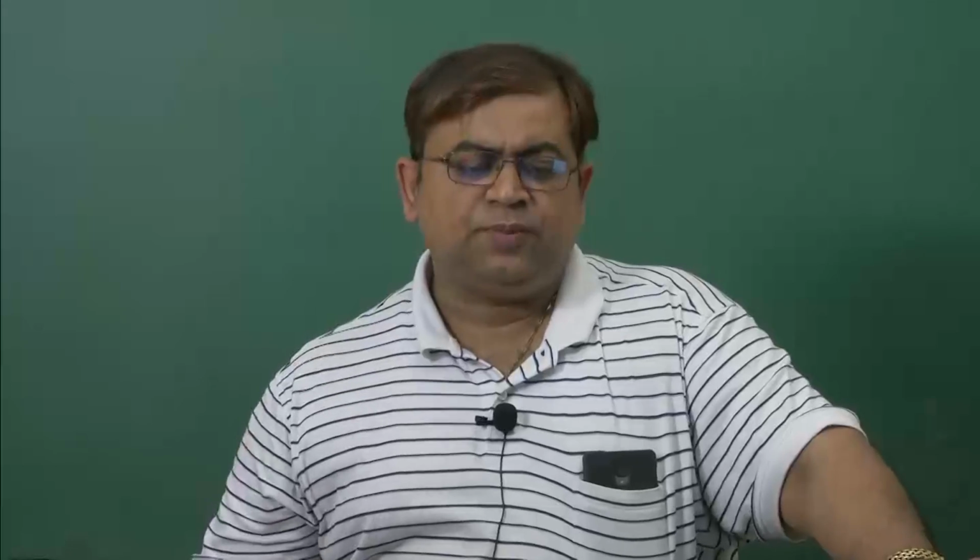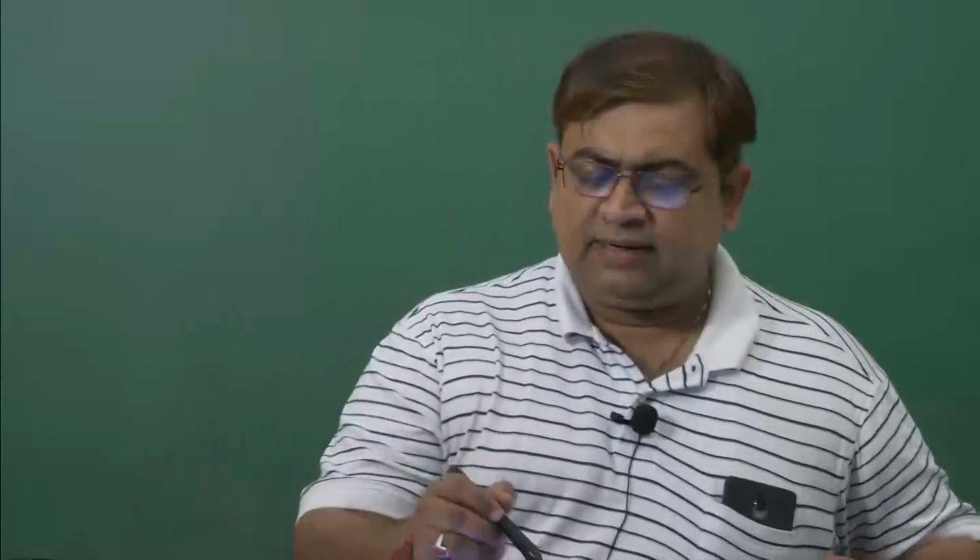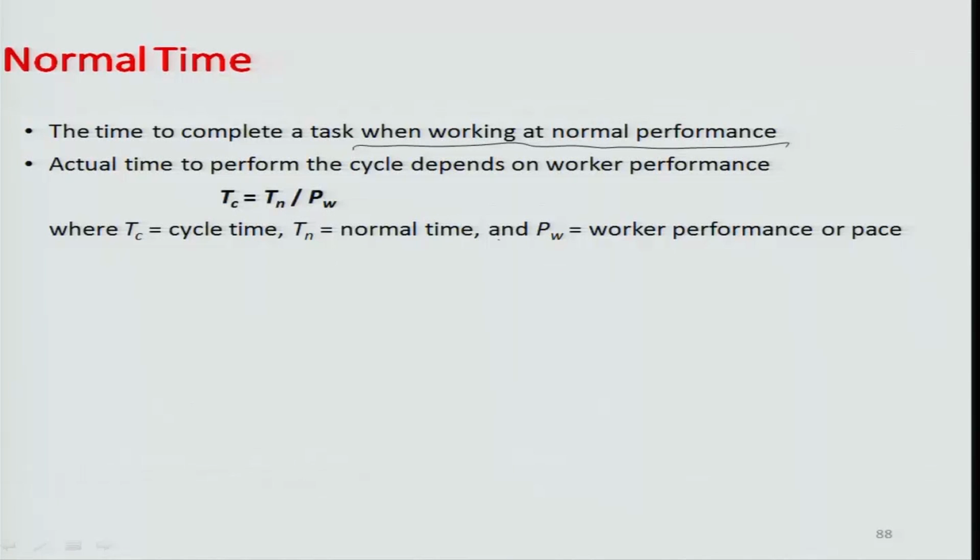I think in manual systems as well, just as we learned prior in the case of work systems generally, the time to complete a task when working at a normal performance is really related to the total cycle time that a person would take multiplied by the worker performance or pace.